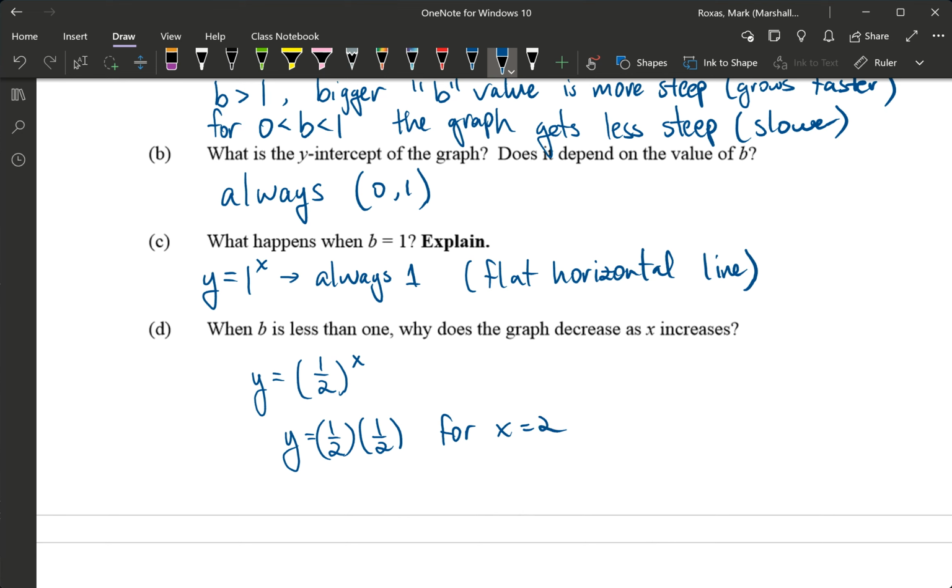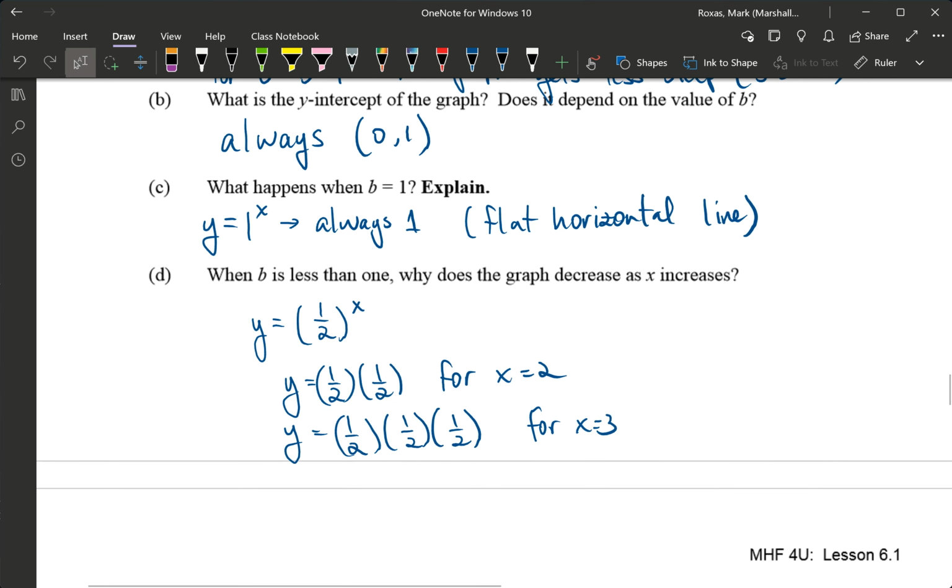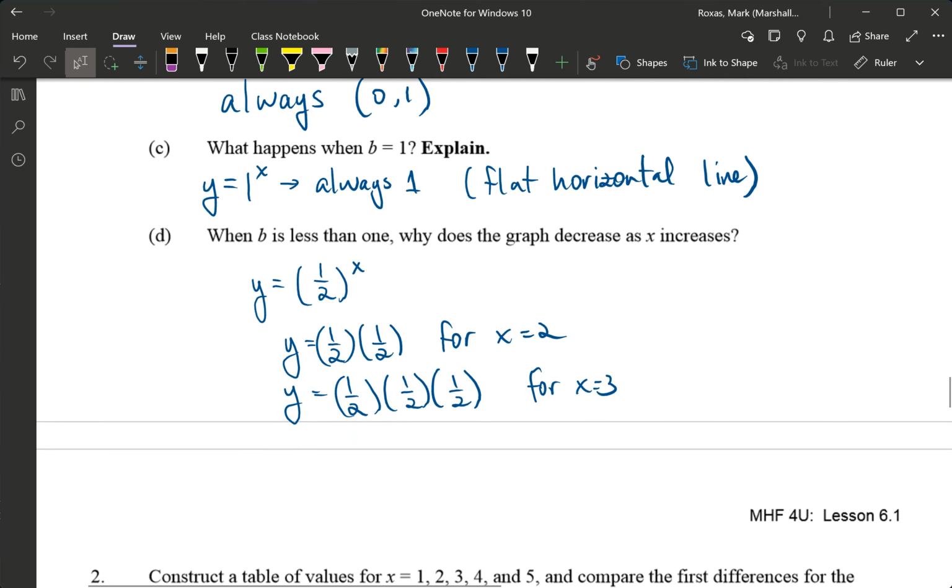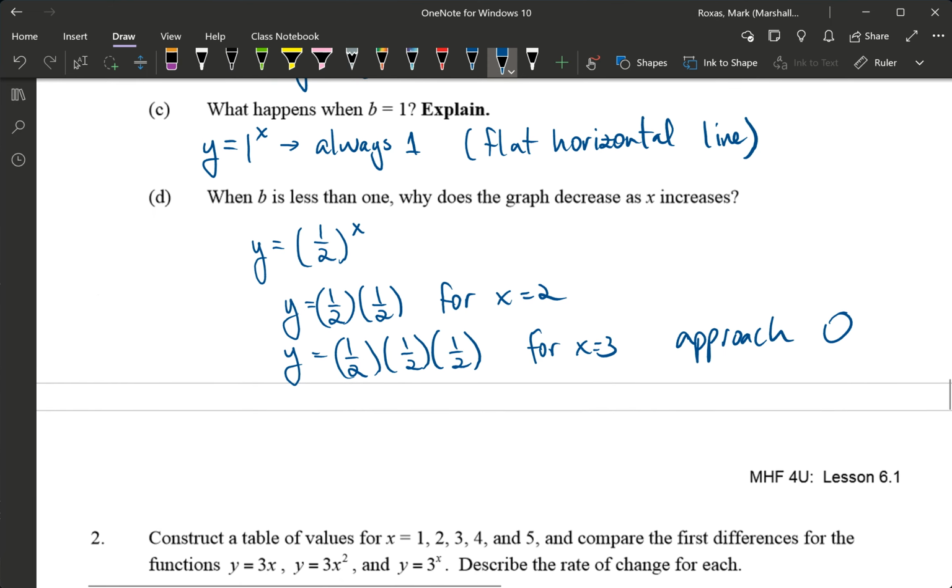If I let x equals 3, then y is equal to 1/2 times 1/2 times 1/2. As I increase the value of x, I'm just adding another 1/2 to keep multiplying. So if you take half of a half of a half of a half, eventually you're going to approach 0. It's getting smaller. The graph decreases.